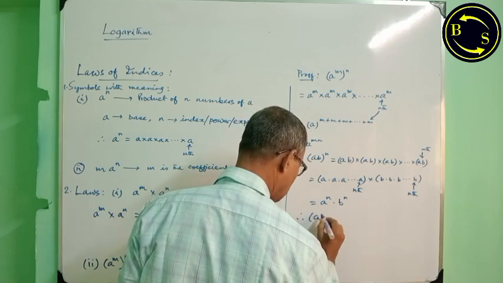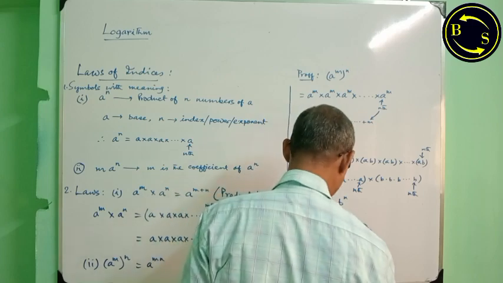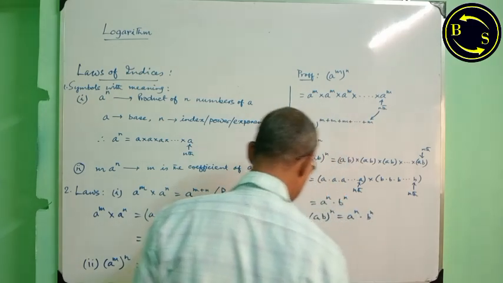Therefore, ab whole to the power n is equal to a to the power n into b to the power n.